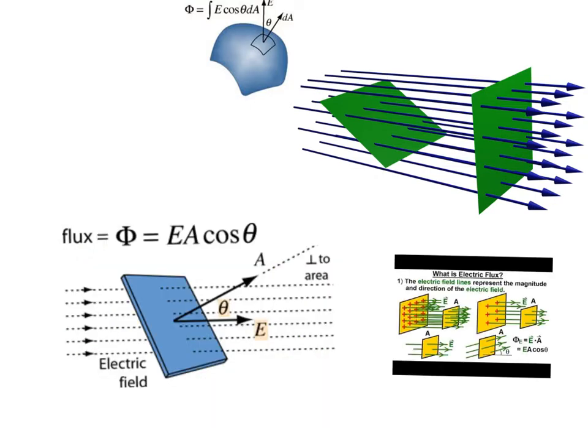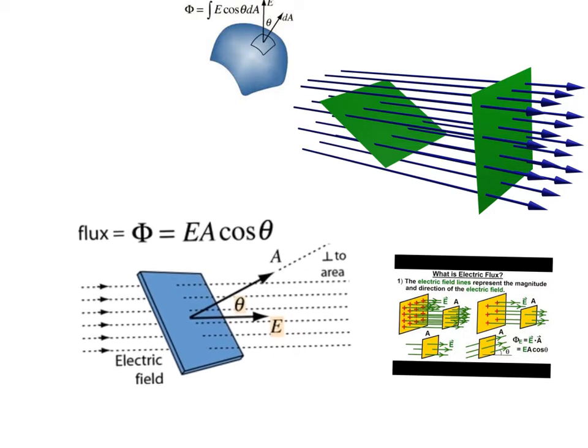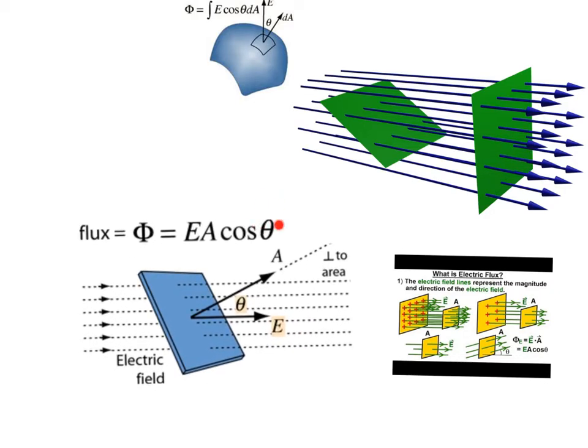Don't forget this important point, that the angle that we're talking about is the angle between the normal to the surface, perpendicular to the area. So the direction that an area is facing is the vector representation of that area.